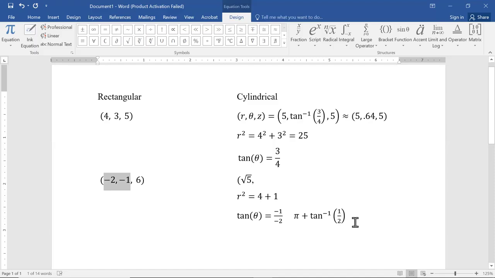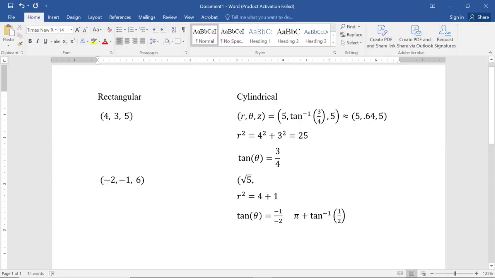So pi plus inverse tangent of 1/2 is my angle.